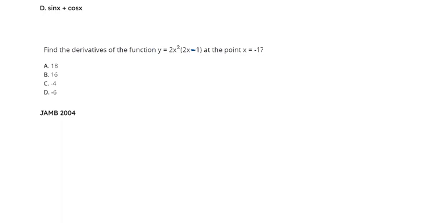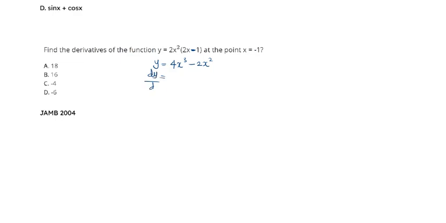If you open the bracket, you are going to get 4x to the power of 3 minus 2x squared, since 2x squared times 1 gives us 2x squared. So you can easily differentiate this. We want to find our dy/dx. Our dy/dx is going to be 12x to the power of 2 minus 4x to the power of 1.